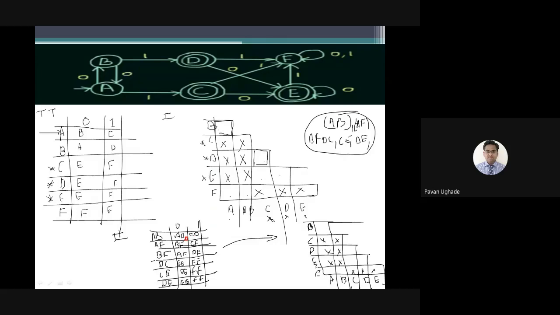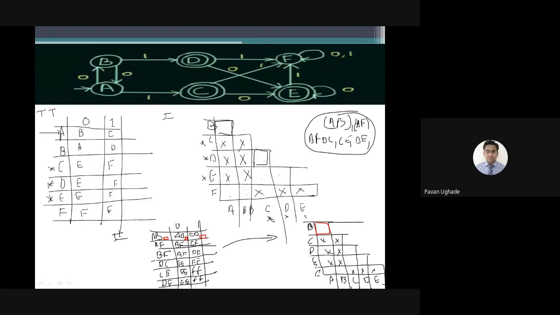What about CD? CD entry is also blank. If both are blank, this will also be blank, so simply we keep it blank, we will not make it cross.